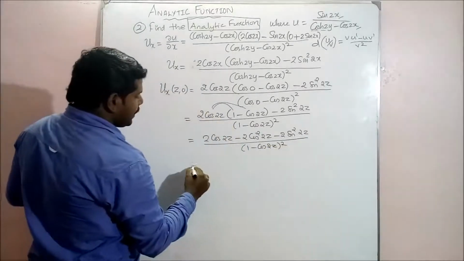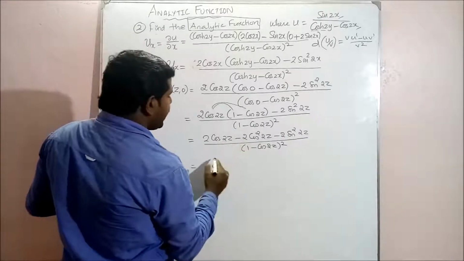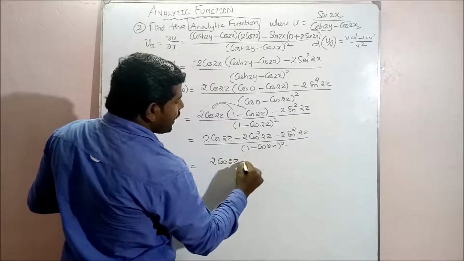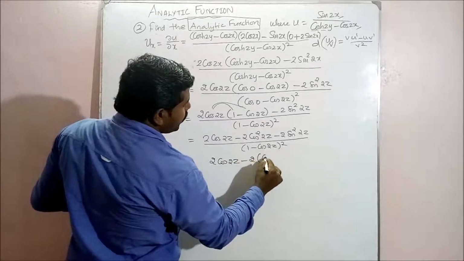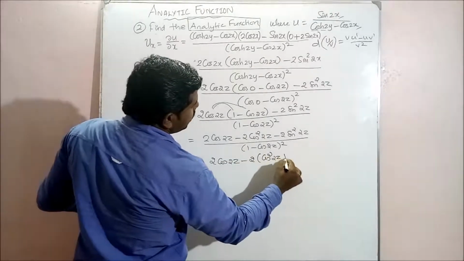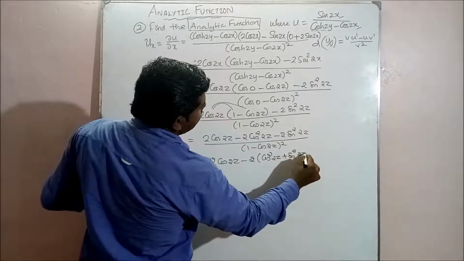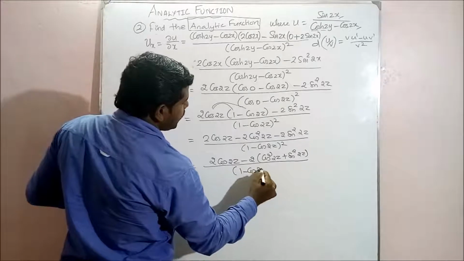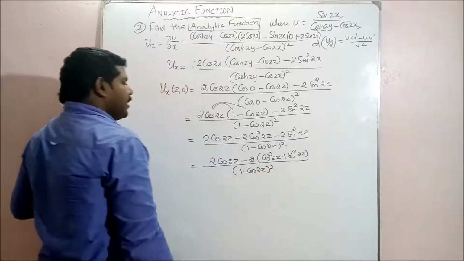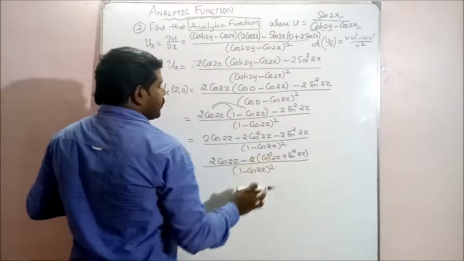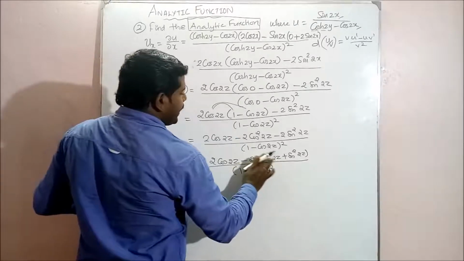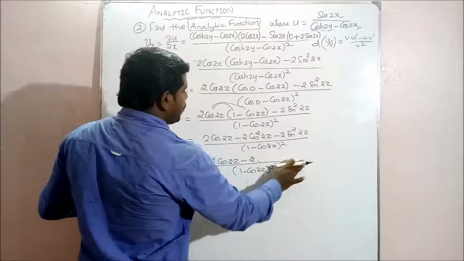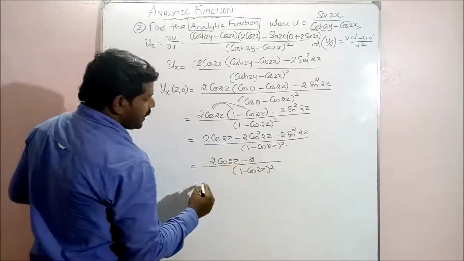What can we do here? Taking minus 2 out, we get minus 2 into cos square 2z plus sin square 2z, divided by 1 minus cos 2z the whole square. Since cos square theta plus sin square theta equal to 1, that term is 1, so no problem. That value is equal to minus 2.